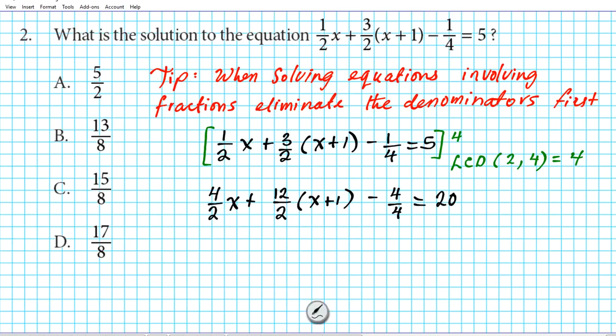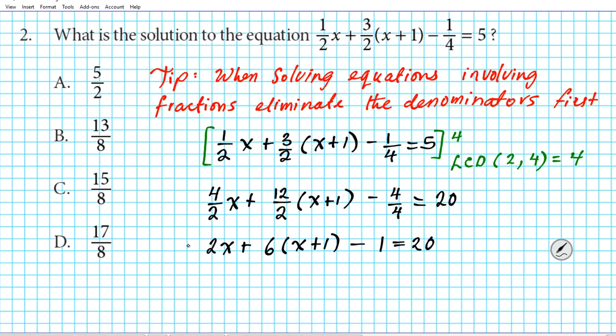Now what happens when you multiply an equation involving fractions with the LCD? The equation should be reducible into a form where there are no denominators. Check this out. 4 over 2 is 2, so we have 2x plus 12 over 2 is 6 times the quantity (x plus 1) minus 4 over 4 is 1 equals 20.